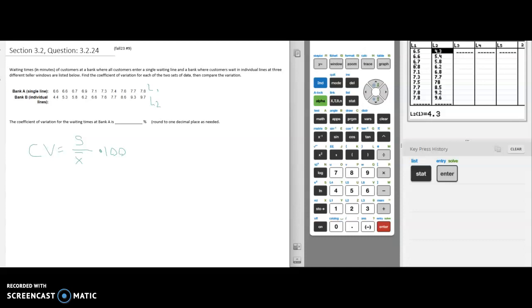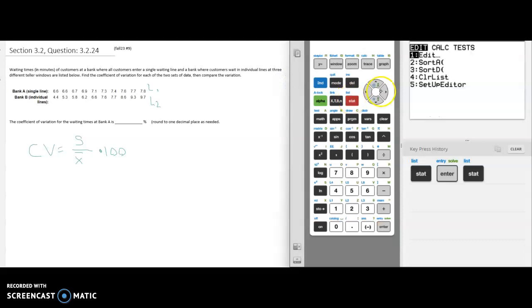Once you have the data in, go to Stat, over to Calc, and do one var stat, and I want list 1.